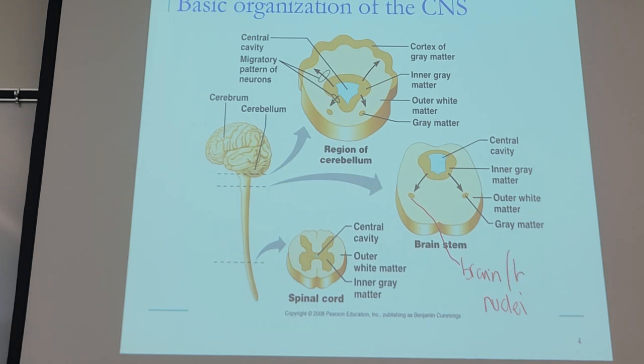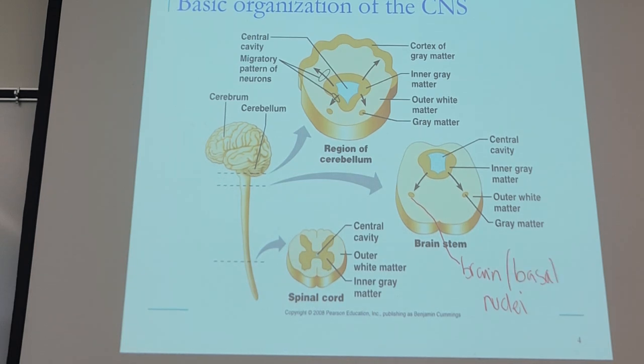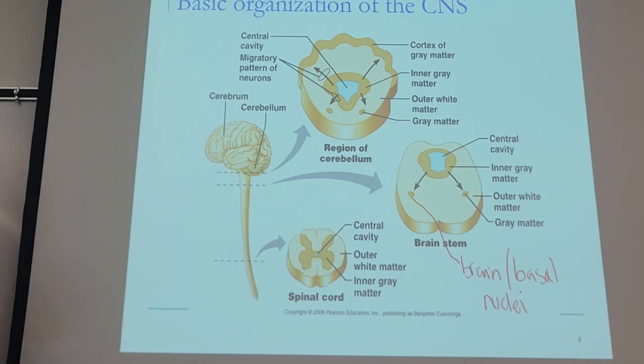Or you might see the word basal. Both start with a B, okay? Nuclei. And those nuclei we can define as collections of cell bodies in the CNS.